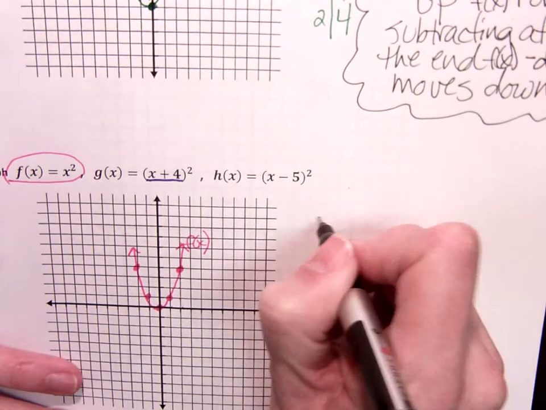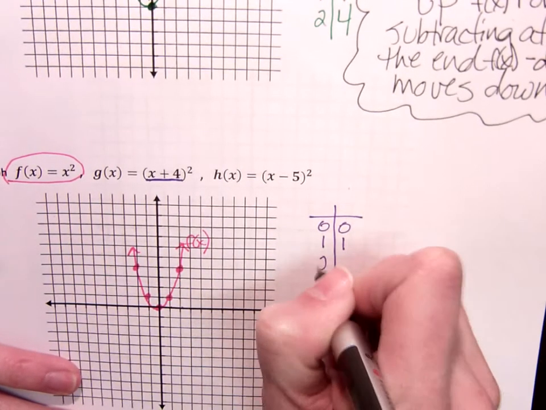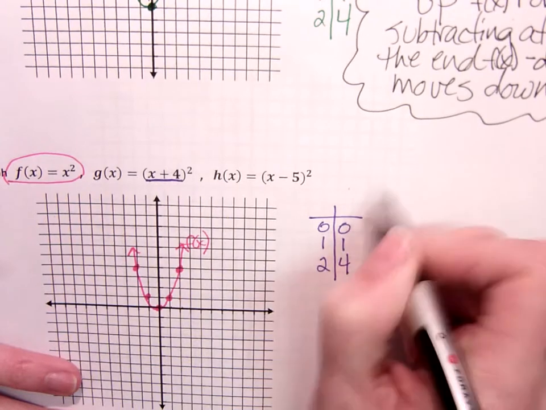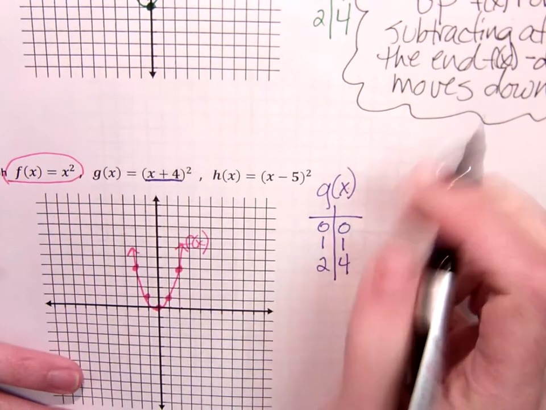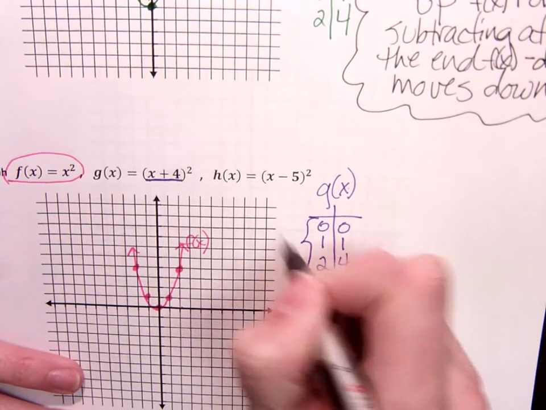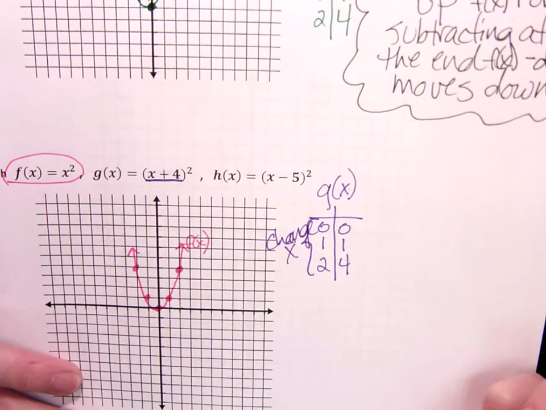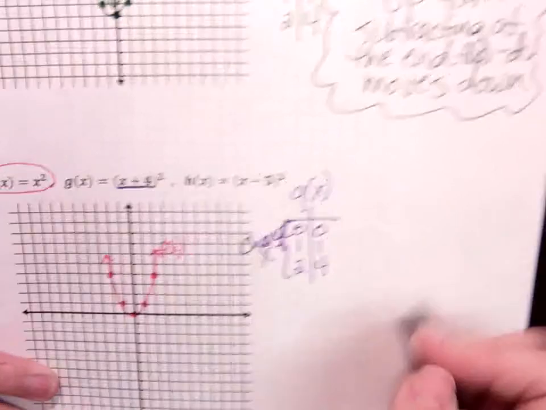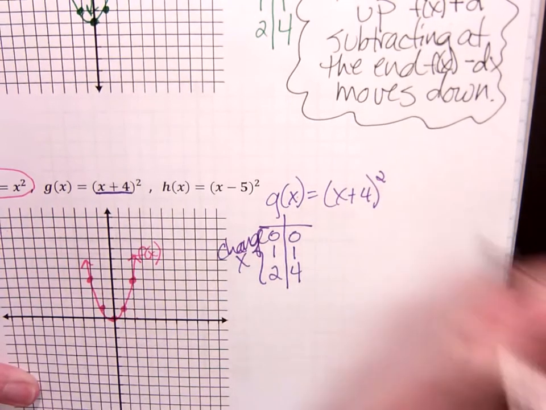So my original set of points, 0, 0, 1, 1, 2, 4, now my y values are going to stay the same, right? But we're changing the x's. And g of x is x plus 4 squared.